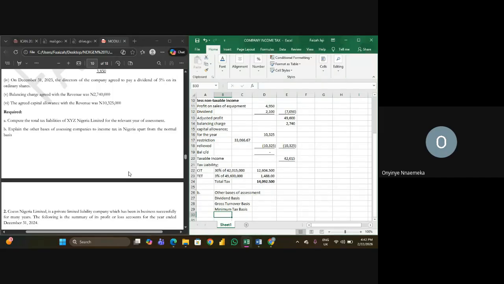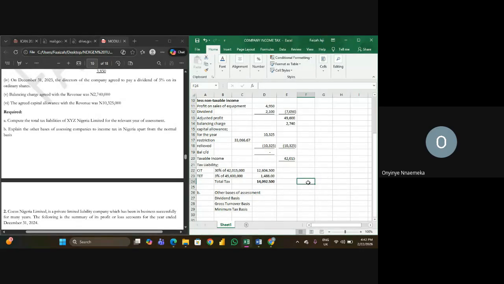So you pay minimum tax when you calculate it, and the minimum tax is higher than your normal tax liability, like this one that we just calculated here. The company is mandated to pay minimum tax.